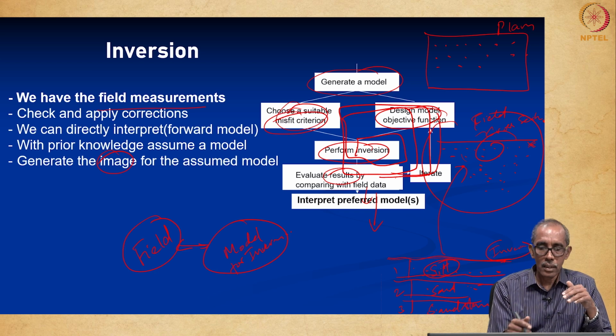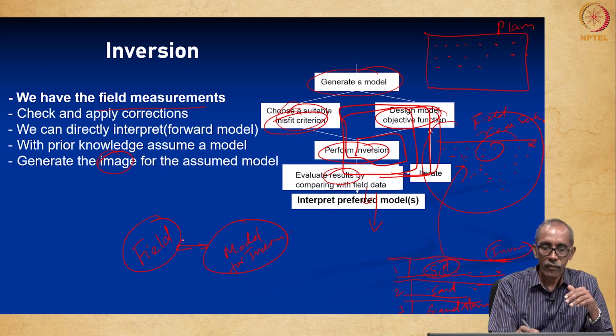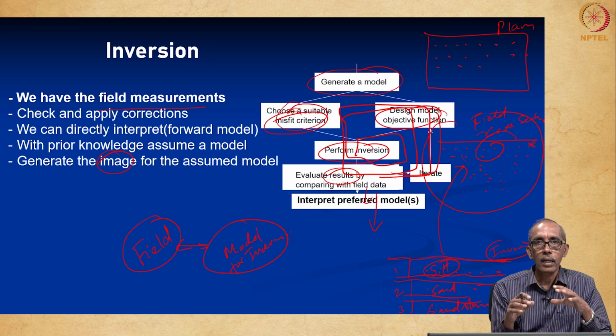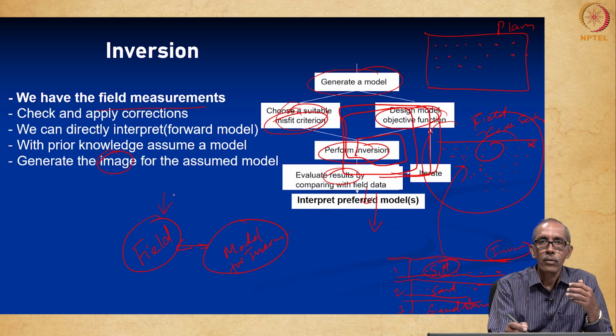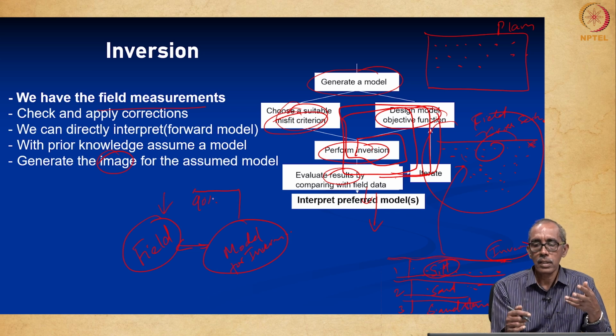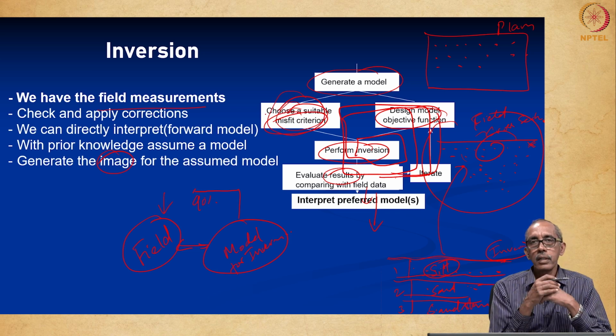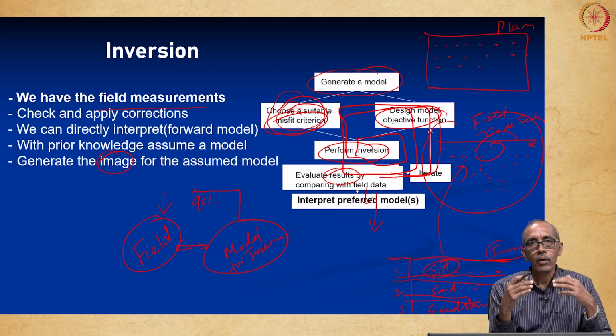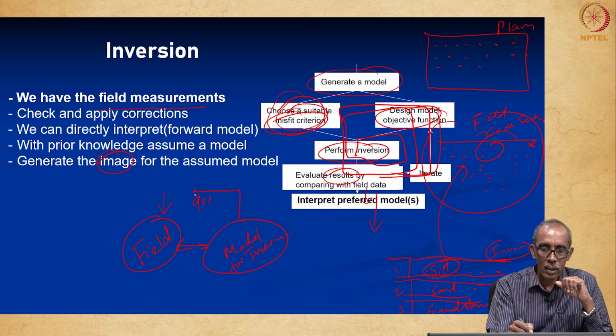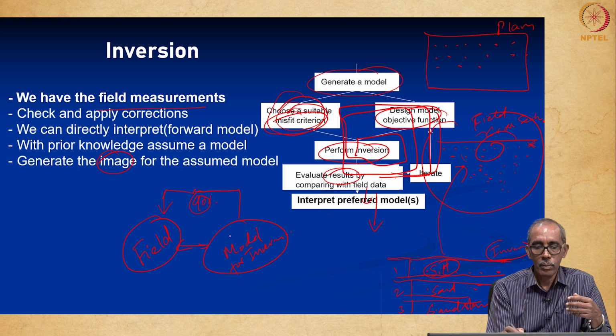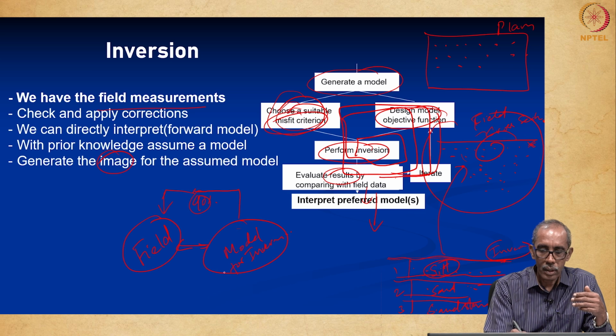If there is a mismatch, we iterate, and finally we get one model which is, let us say, 90% similar to the field. As an example, I am giving you this number. So, you would have fixed a misfit criteria. Imagine I fixed that if I get a match of nearly 90%, I am satisfied. So, now for the 90% fit I could get for the assumed model, what is the inference? Whatever I have assumed for this model.